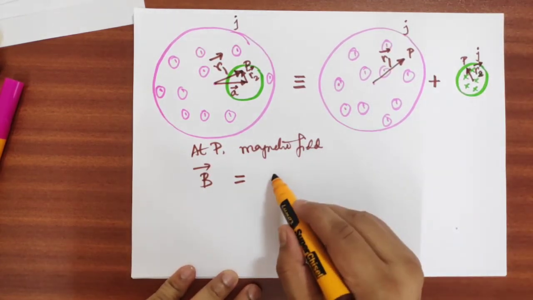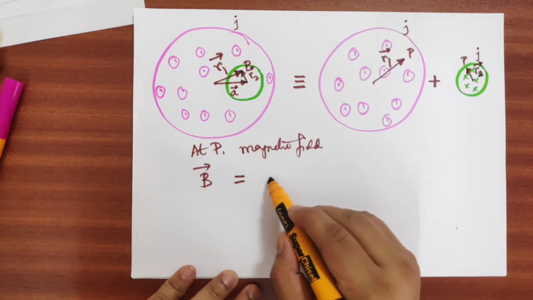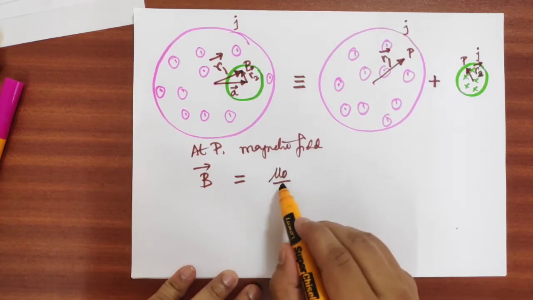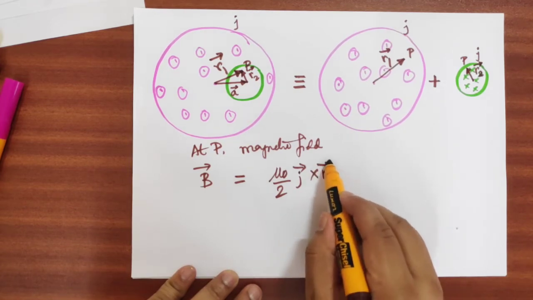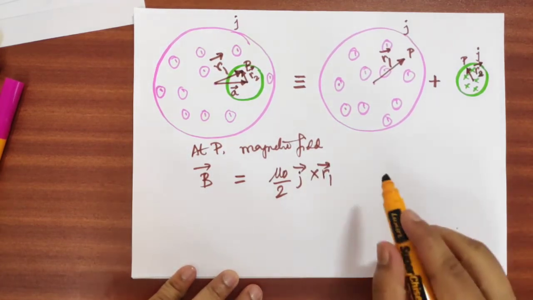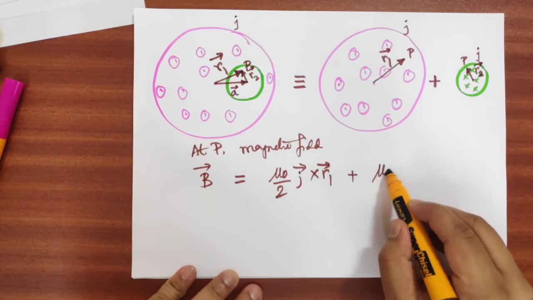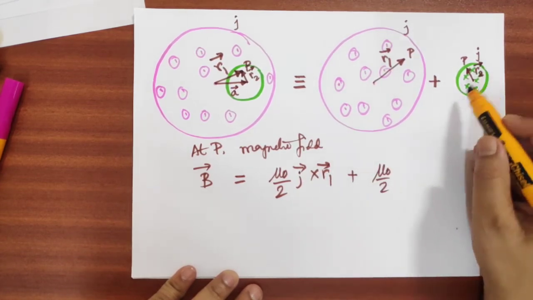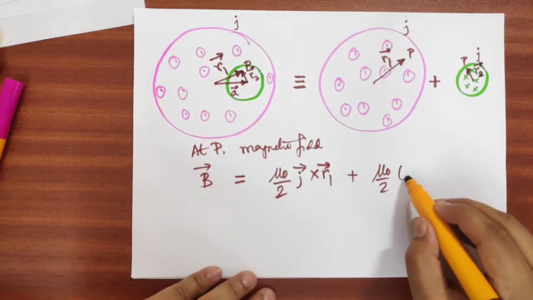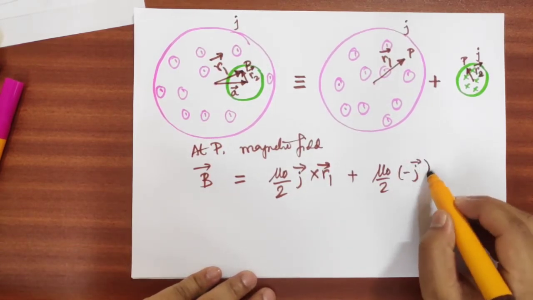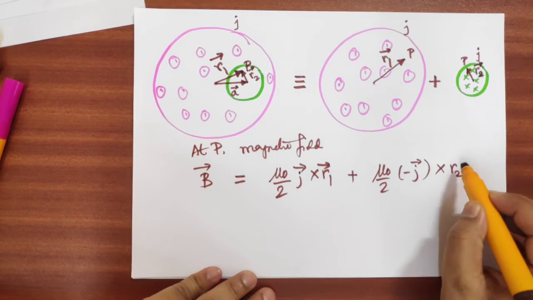By the formula obtained in the last problem, inside, it is mu naught by 2, J cross R1, plus mu naught by 2 for this one, but instead of J you write minus J, cross R2.